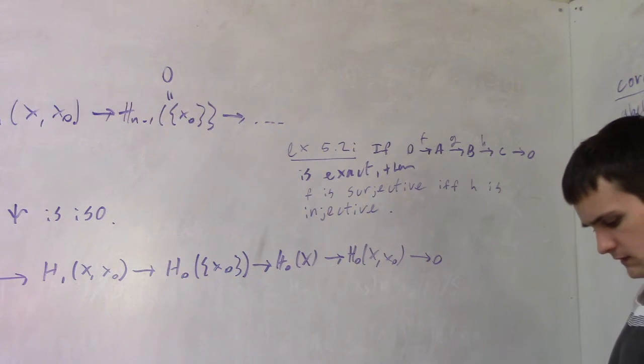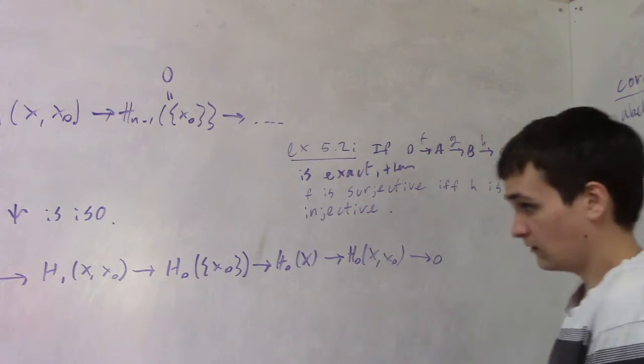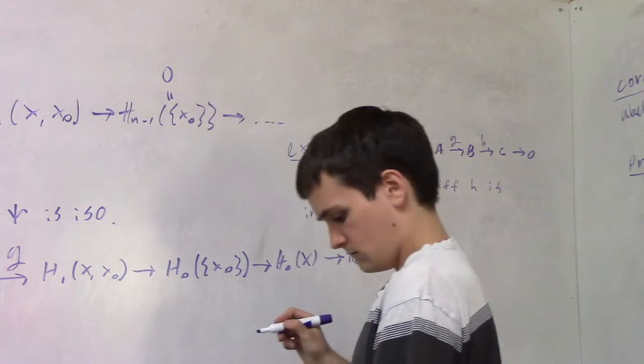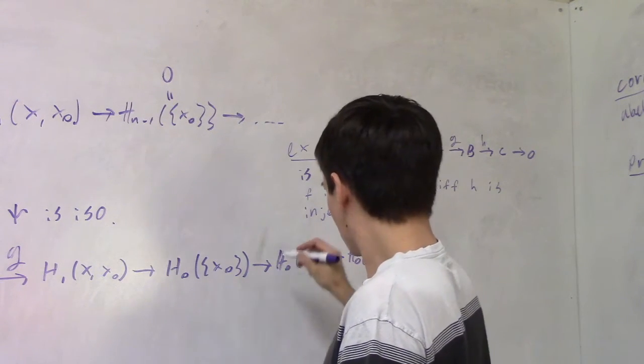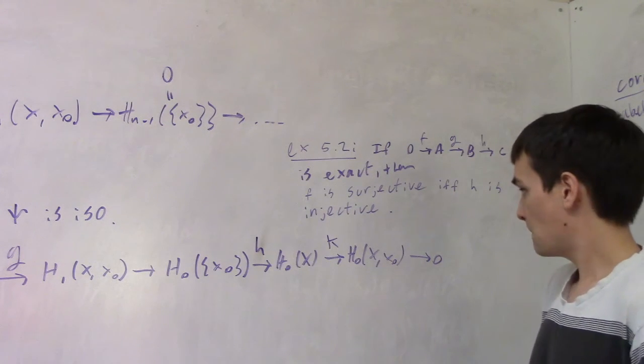So, let's say we got H1 of x naught equals 0. Is anything else equal to 0? Let's see, I guess the labeling is important here. So this map is G. I thought you said H1 of X naught was equal to Z. Sorry, H0 of X naught is equal to Z. H1 is 0.